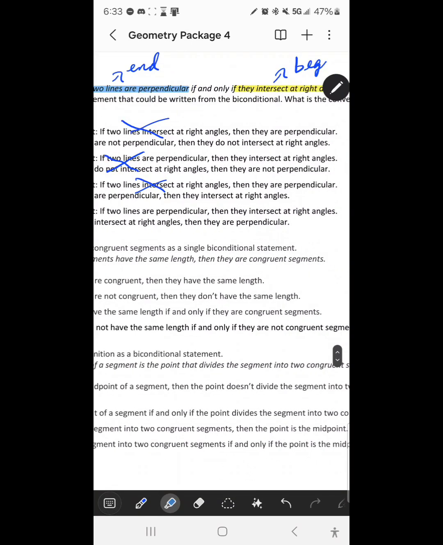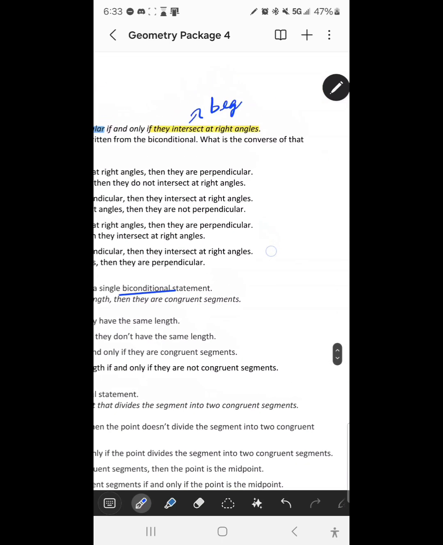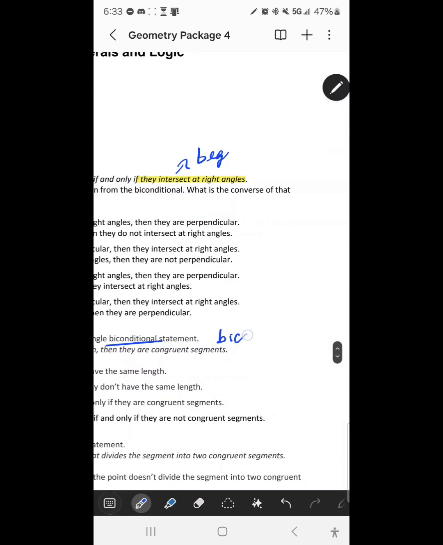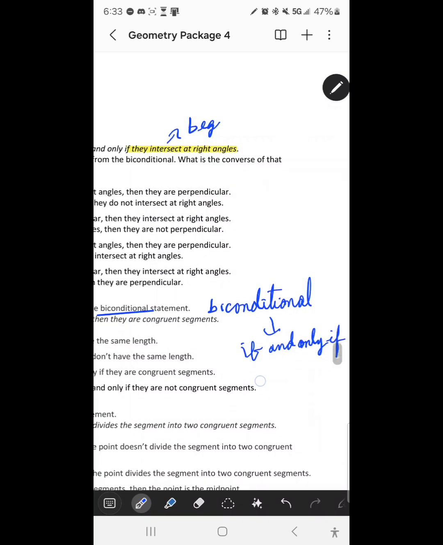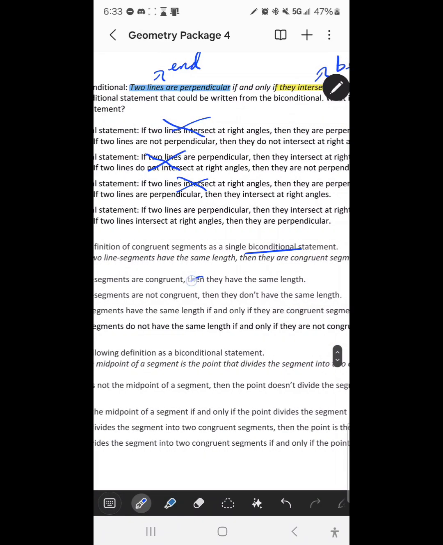As you can see here, they say biconditional, and biconditional just means it goes with if and only if. If it does not say if and only if, then it is not a biconditional. So this is not a biconditional, and this is not a biconditional.